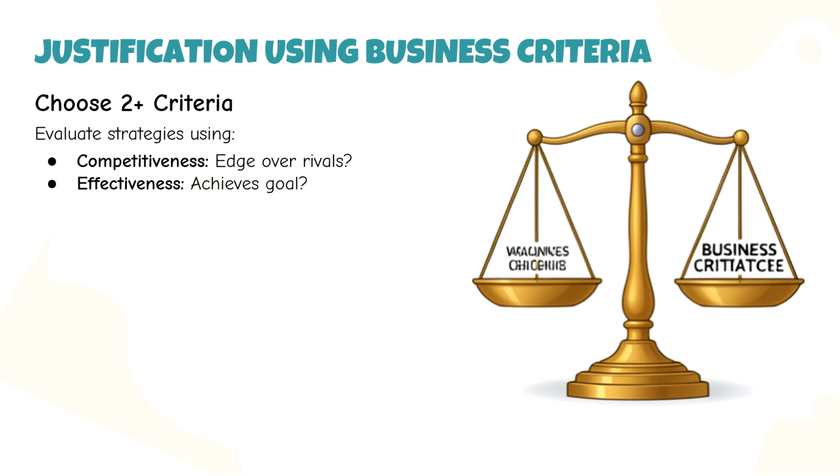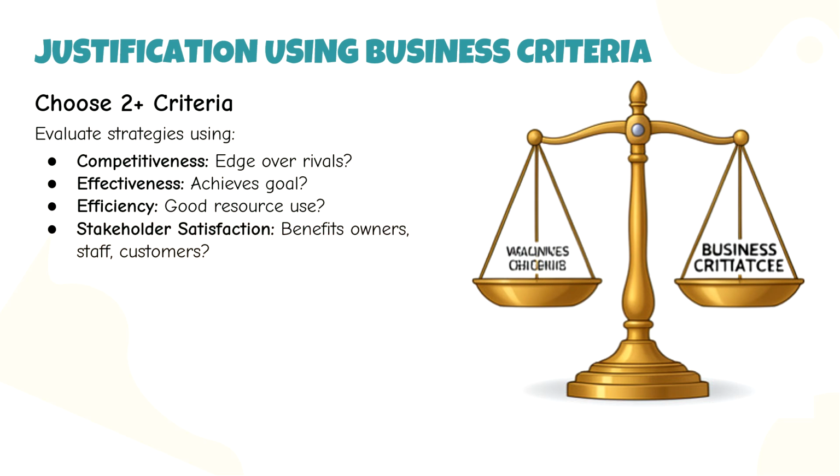Next is effectiveness. Is the business achieving its goal? Efficiency. Is the business making good use of its resources? And last but not least, stakeholder satisfaction. How does the business benefit the owners, the staff, the customers, and other stakeholders such as suppliers?